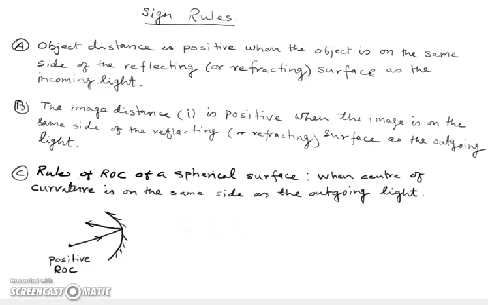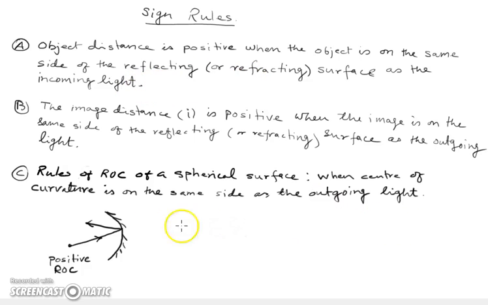Here we'll talk about some of the sign rules, when an object distance or image distance is positive and when it's negative, right? So let's talk about the first rule, about object distance. Object distance is positive when the object is on the same side of the reflecting or refracting surface as the incoming light.